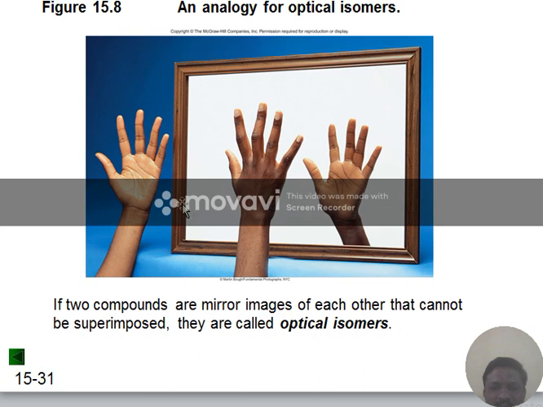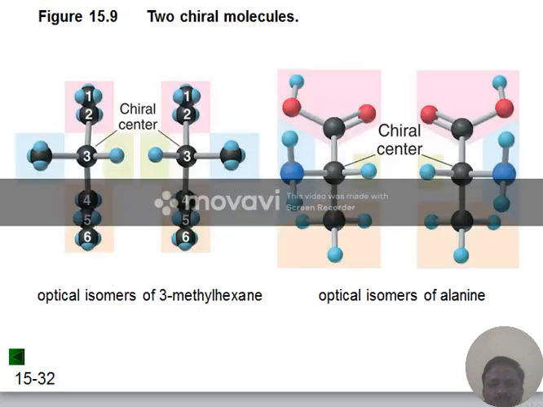This one is a mirror image of a compound, which is not superimposable. So the compounds are mirror images of each other that cannot be superimposed, and these compounds are called optical isomers.